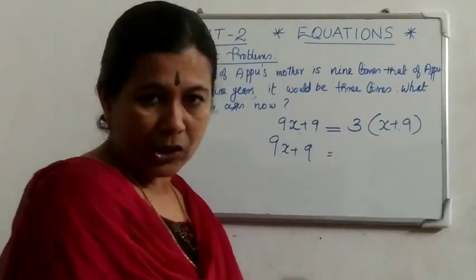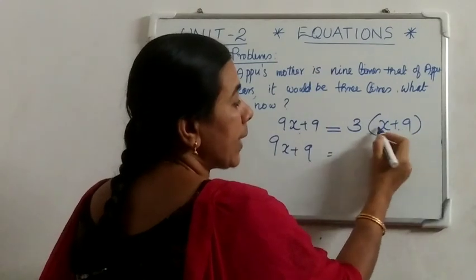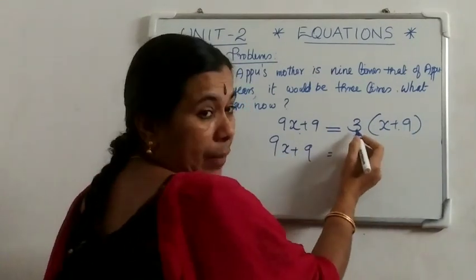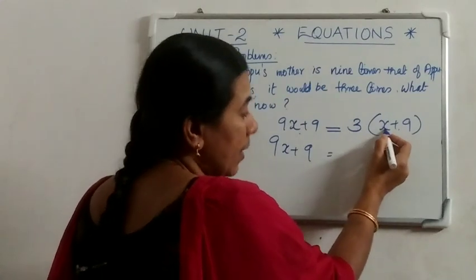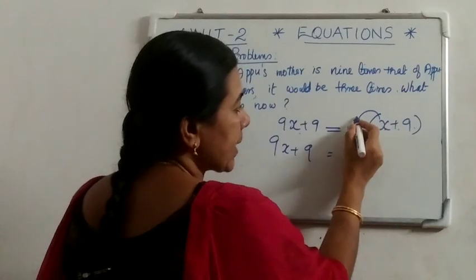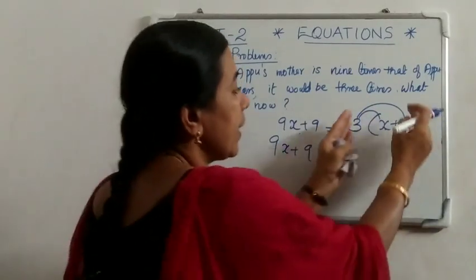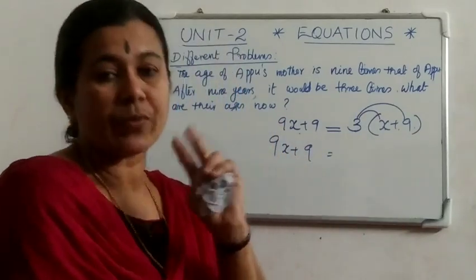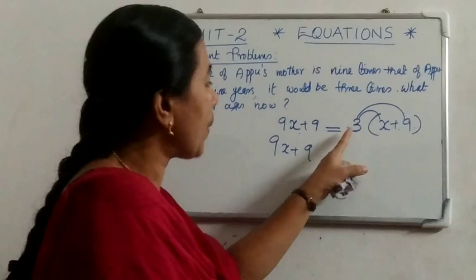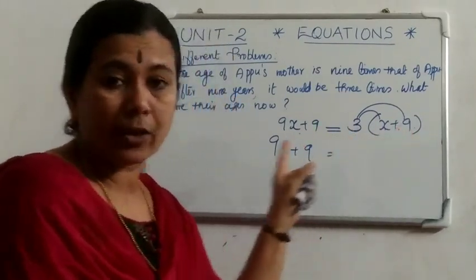You want to multiply this 3 with both terms inside the bracket. Multiply this 3 with x and also this 3 with 9. 3 into x, 3 into 9. Because in the bracket there are two terms, which are they? x and 9. So we want to multiply this 3 not only with x but with 9 also.